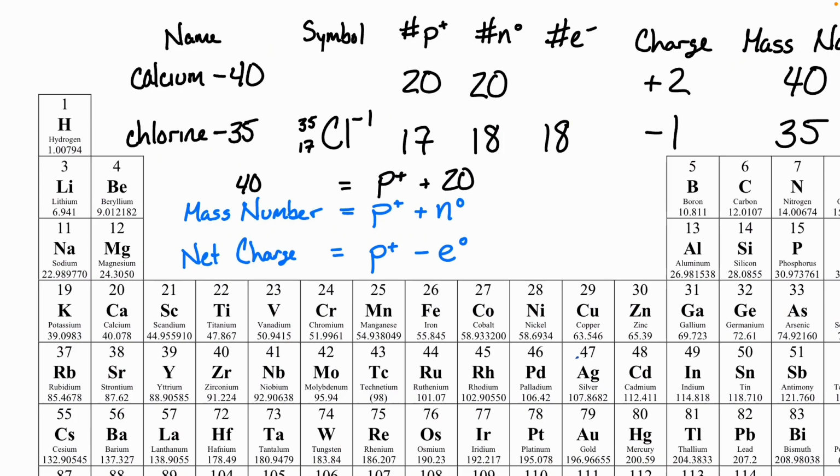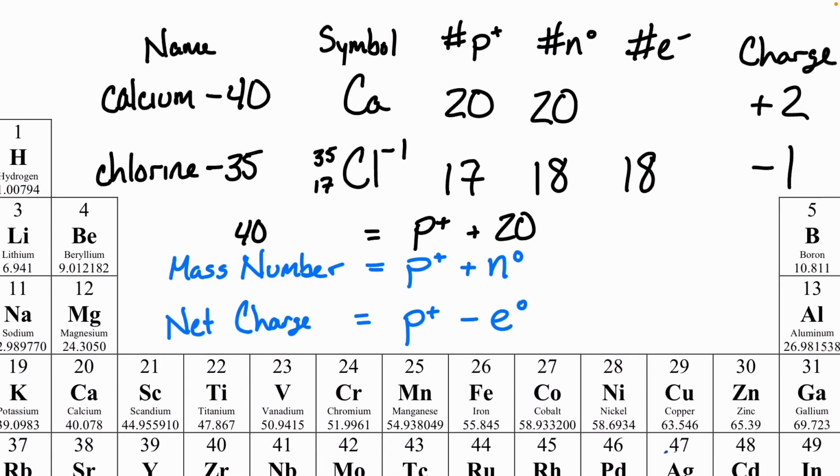Okay. If we're going to do our symbol, we're going to use Ca for calcium. We're going to put our mass number in the top corner and the atomic number in the bottom corner. And then what do I need lastly to finish off this symbol? The charge. Charge in the top right. Okay.